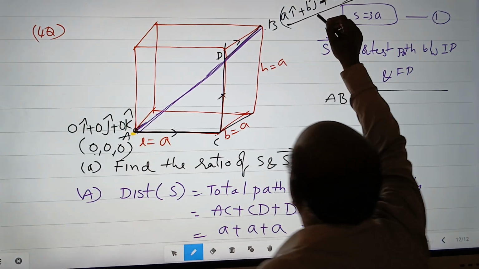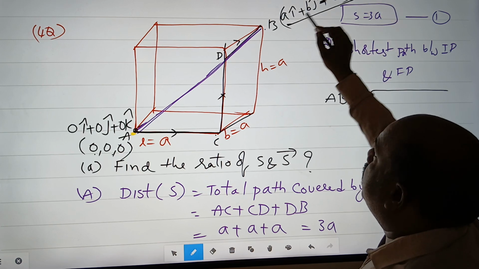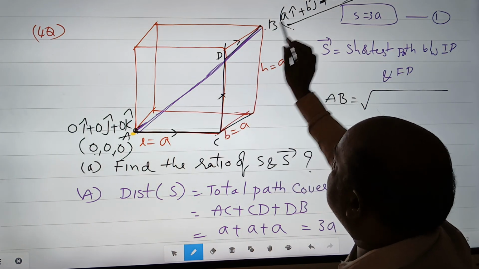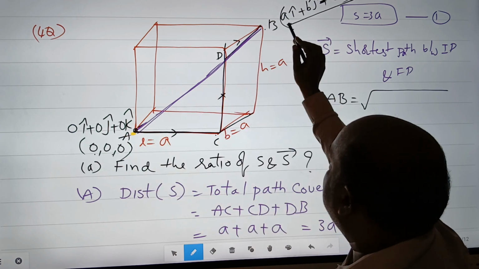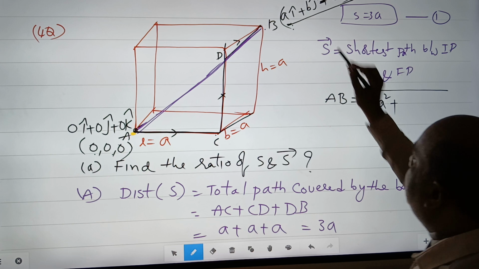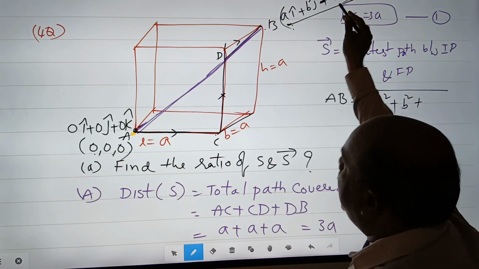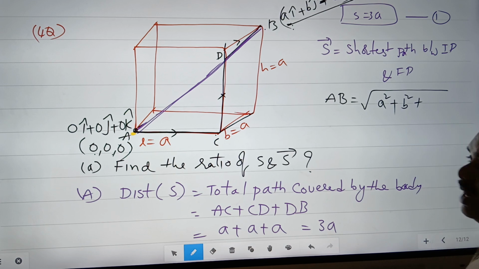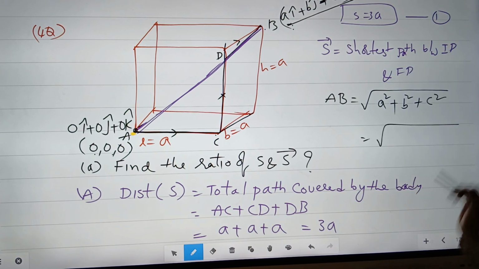And x2 i cap plus y2 j cap minus z2 k cap. Now how to find the distance? Shortest path. This coordinate minus this coordinate. A minus 0 whole square is A square. B minus 0 whole square is B square, plus minus C minus 0 whole square is C square.